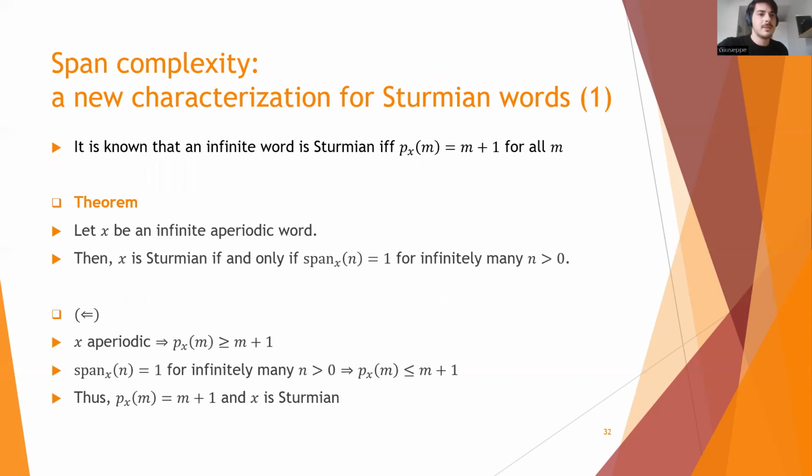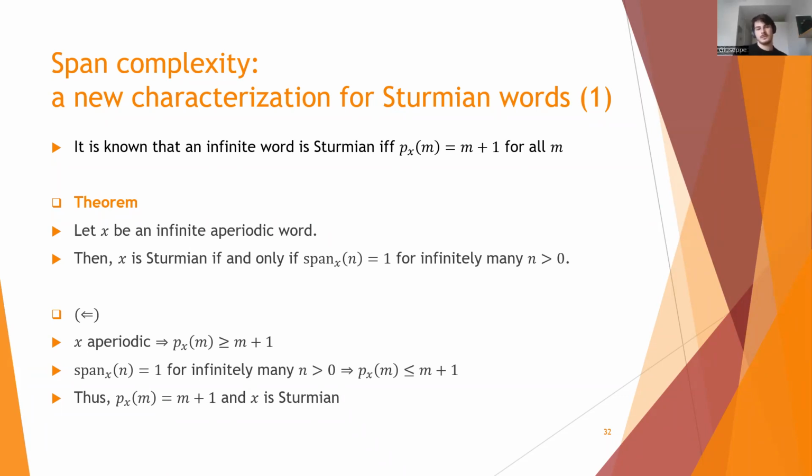So this relationship can actually be used to prove a new characterization for Sturmian words. In fact, it is known that an infinite word is Sturmian if and only if the factor complexity is n plus 1 for every n. So we were able to prove that, given an infinite aperiodic word x, x is Sturmian if and only if the span is equal to 1 for infinitely many n.